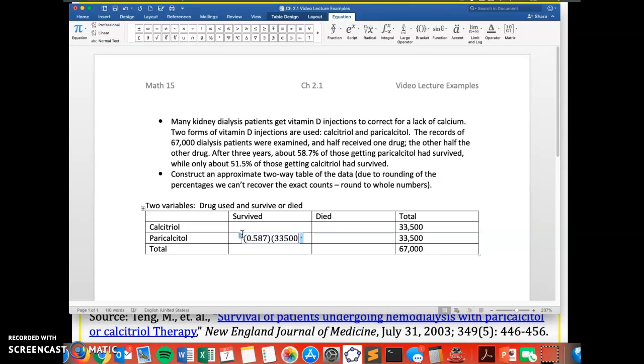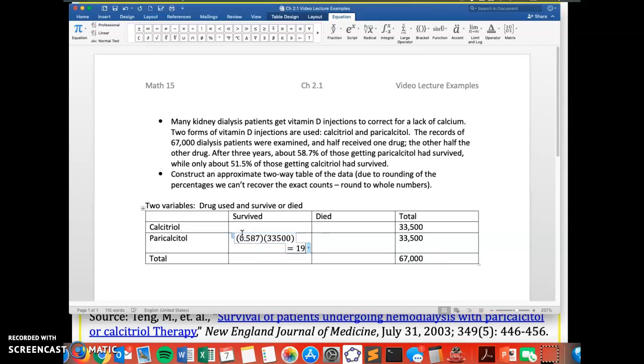And if you throw that in your calculator, 0.587 times 33,500, we get a decimal. So it's kind of annoying, but we don't have exact information here. We're going to round that to 19,665.